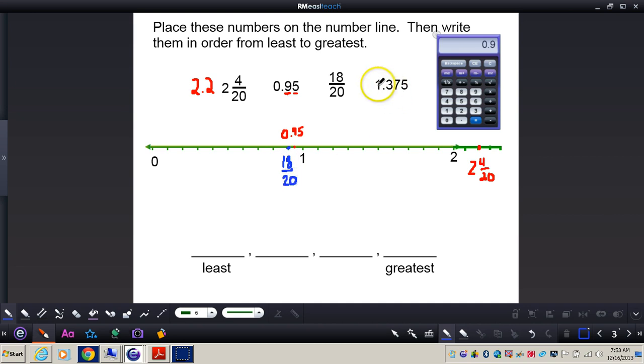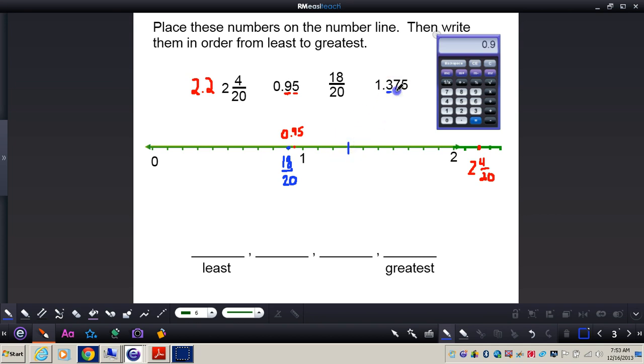Okay, finally, 1 and 375 thousandths. Now I have my 1 here. I see my first number, the number in the tenths, is 3. So I have 1/10, 2/10, 3/10, which comes right here.